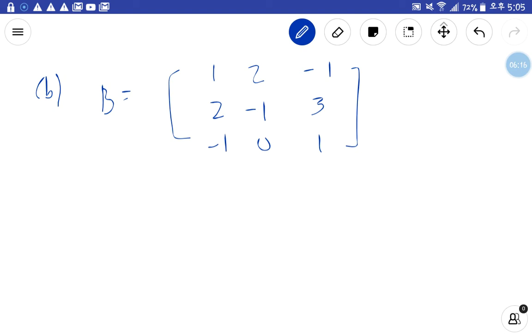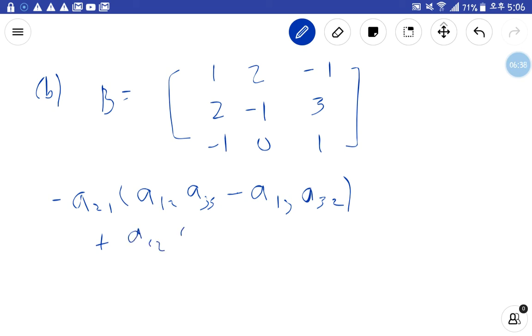Then there are first, second, and third lines with equal signs. Did you see expressions like negative A21, A12, A33 minus A13, A31? Those expressions give us how we can find the determinant.